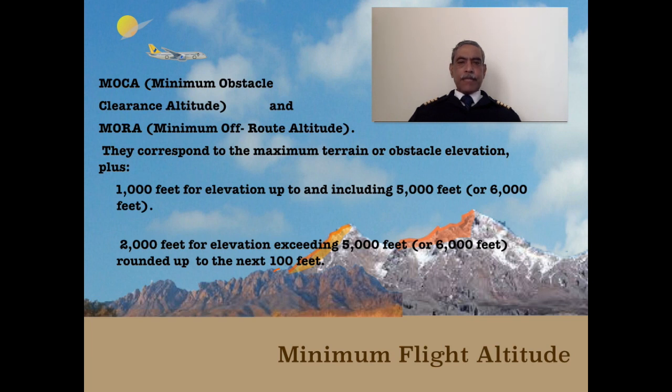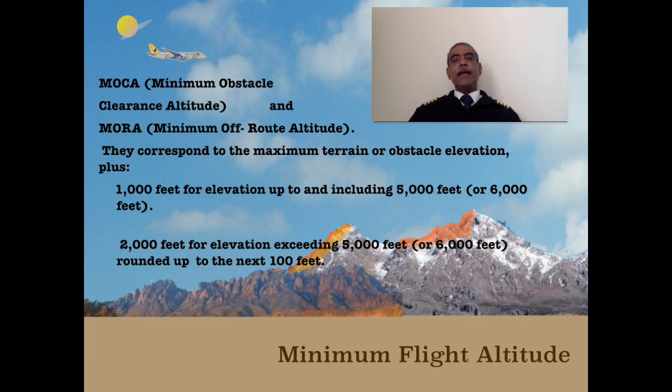One is the minimum obstacle clearance altitude and the minimum off-route altitude. They correspond to the maximum terrain or obstacle elevation plus 1000 feet for elevations up to 5000 feet or up to 6000, and 2000 feet for elevation exceeding 5000 or 6000. This 6000 is for FAR, so let's not mix up this.